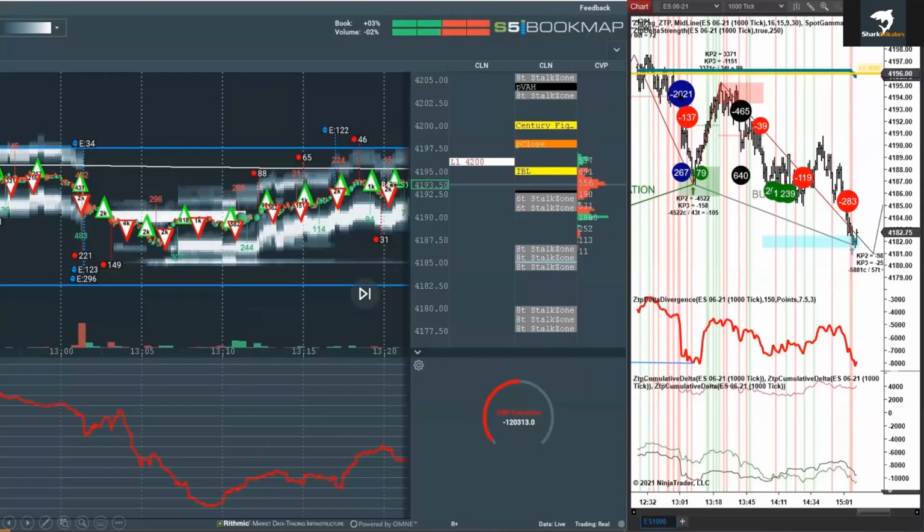Delta Strength can go back and reconstruct the tape to show you the size of a particular trade. And that's what you're seeing, the negative 2021 coming across the tape.